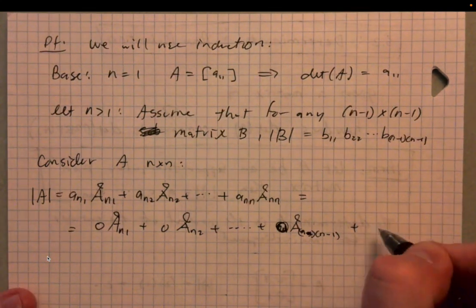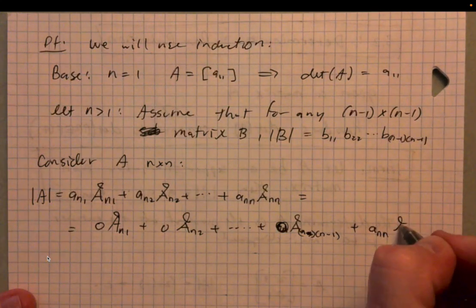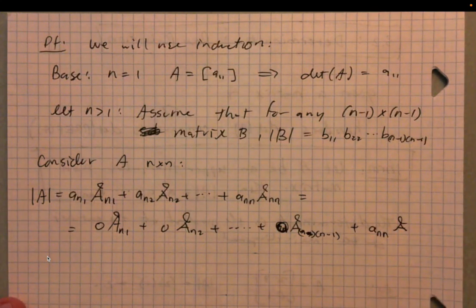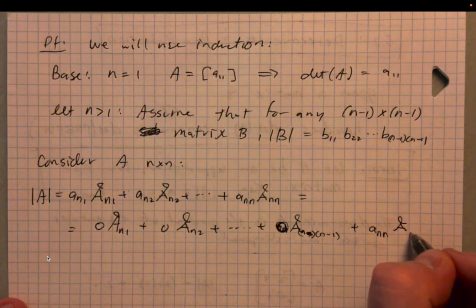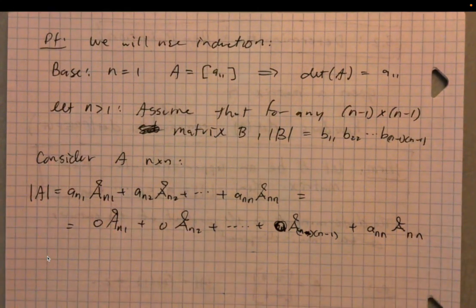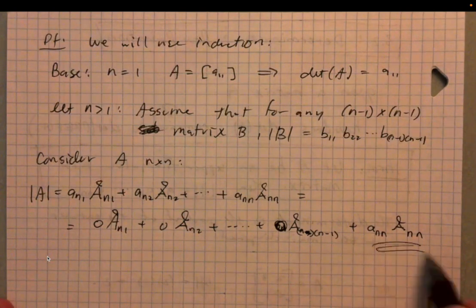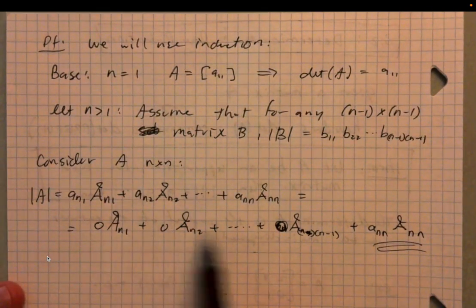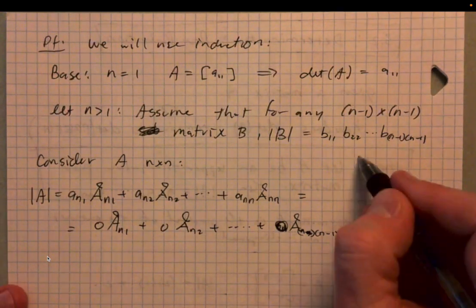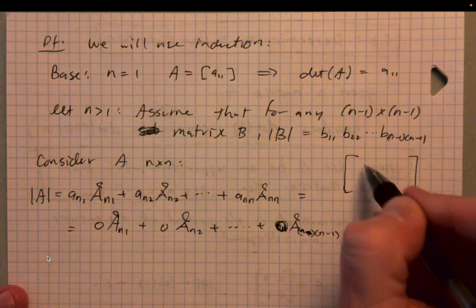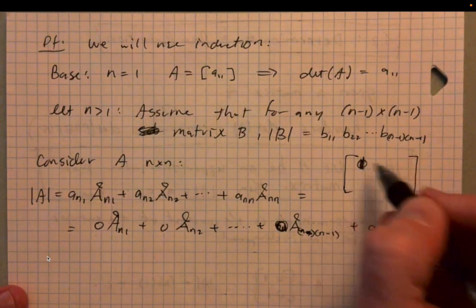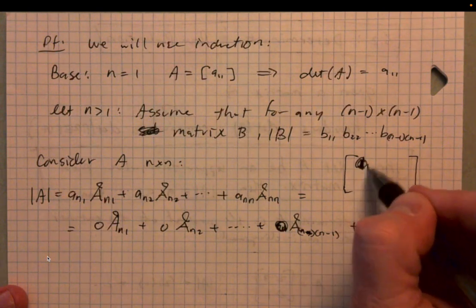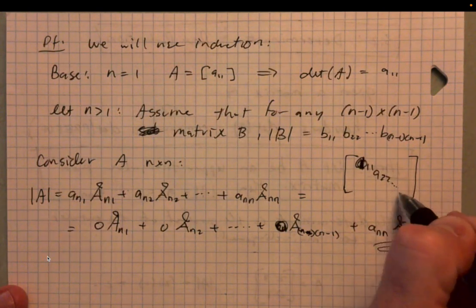And plus, now the last entry is the one that's non-zero, right? Because this is the nth row, the bottom row of the triangular matrix, and so that'd be ann. This is the one that matters in the determinant of A. These are all 0, notice, right? The entries are all 0 along the bottom row. So remember what we're dealing with here. We've got A11, A22, dot, dot, dot, ANN.